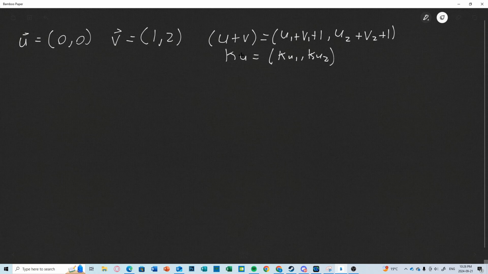So whenever we're trying to see if it satisfies the other axioms, we have to implement these as well. So we're going to try to test it for axiom number 7, which is K(U plus V), and we're going to see if that equals K multiplied by the U vector plus K multiplied by the V vector.